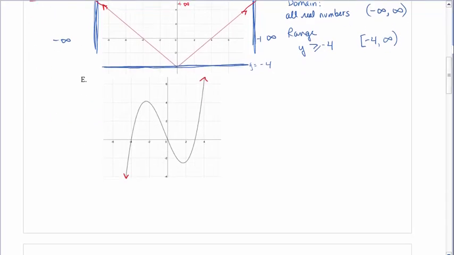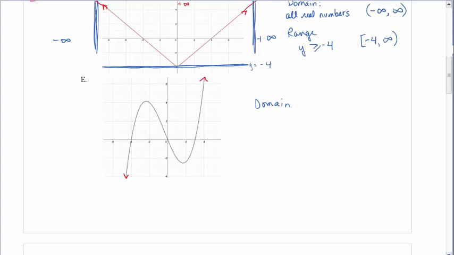All right, the last one here is an example of a graph that's probably a cubic function. You don't need to know that necessarily, but if I want the domain here, I want to ask myself, can I put up any left and right hand walls, because the x direction goes left to right?